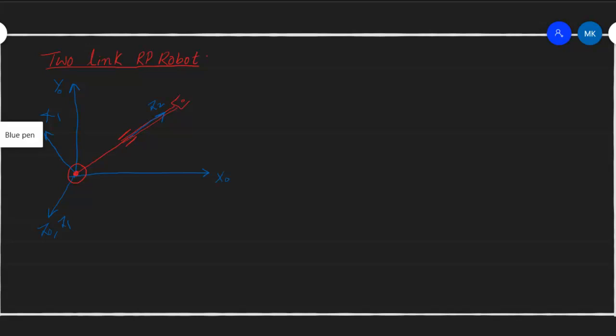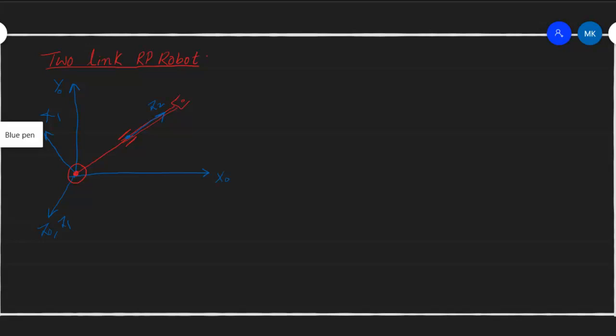Similarly, if this is the origin of joint frame 2, this can be here or this can even be dragged here, but for simplicity, this is the origin of frame 2, because we generally connect it at the origin of the link.